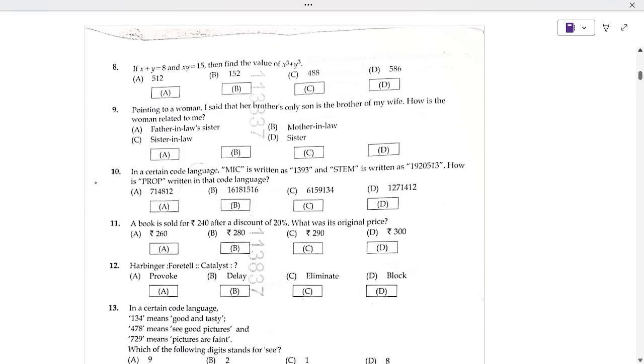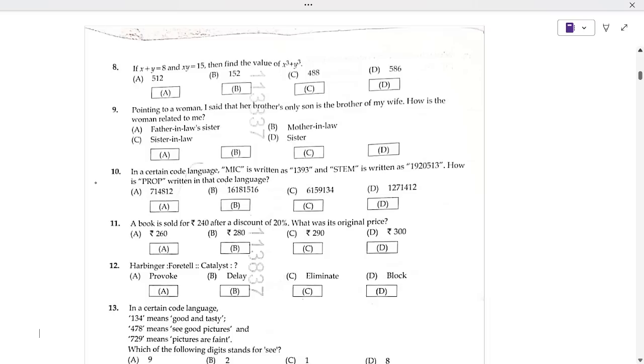Next, x plus y is equal to 8, and they're asking us to find x cube plus y cube, where xy is given as 15. If you know the formula, just put the formula and do it.